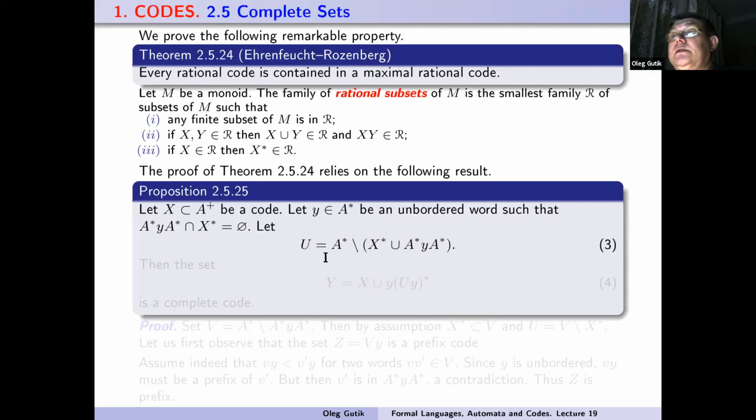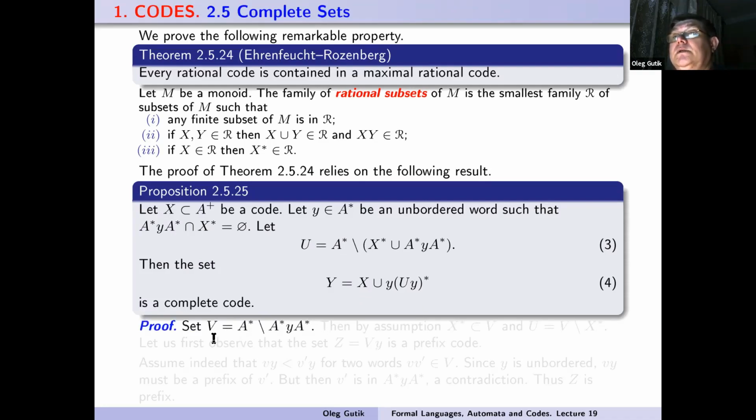Let U consist of such words from the set A star without such set. Then the set Y, which is equal to X union Y multiplied by U Y star, is a complete code. Proof.